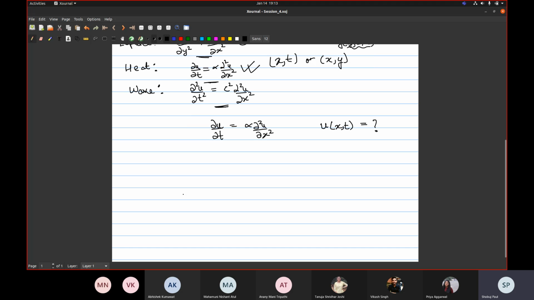Okay, since there are no answers, u represents temperature. And we know the temperature of any system tends to stabilize. So this way we can come up with some nice boundary conditions, as well as initial conditions, for the equation.